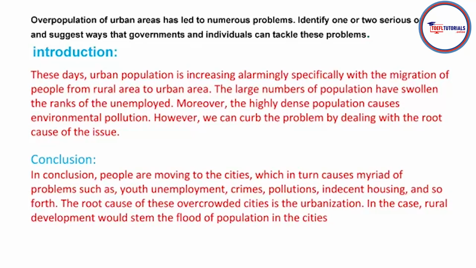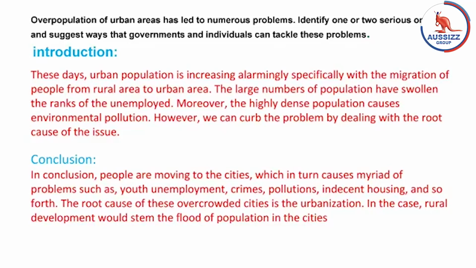So I have stated two causes, the keywords of the causes. Make sure, see, I have stated this.